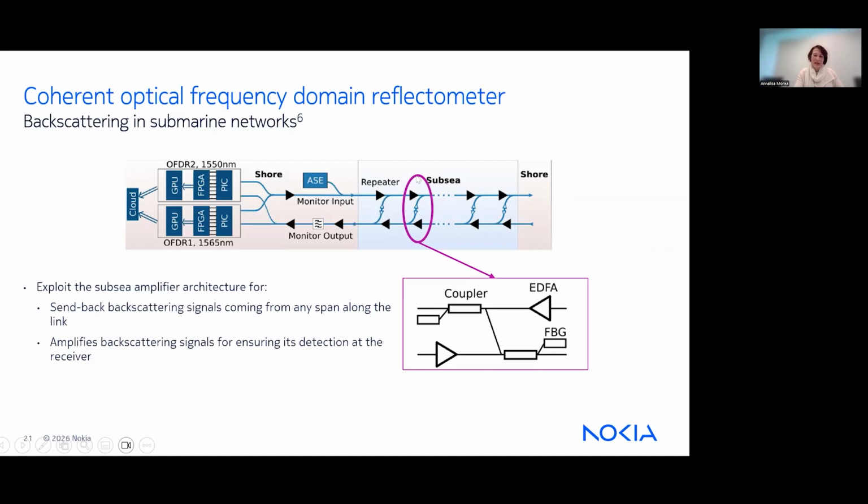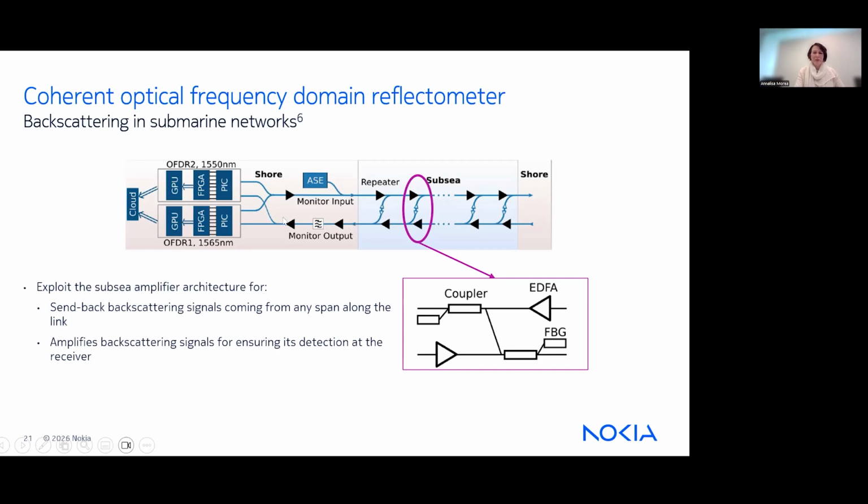What happens? The architecture of the subsea amplifiers has high-loss loopback components, these kinds of couplers, that allow the backscattering light to go into the other direction, the counter-propagating fibers, and so the backscattering signals can propagate in the other direction, and at the same time be amplified so that they can reach the detector that is placed at the same point as the emitter of this probe.